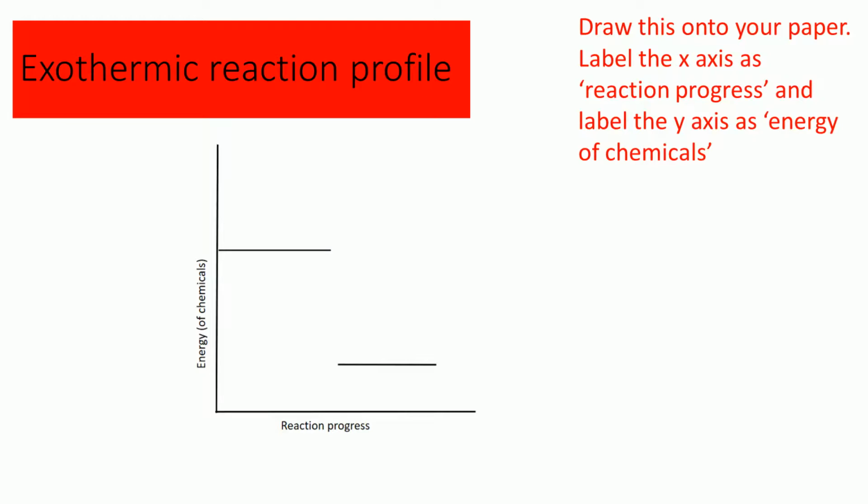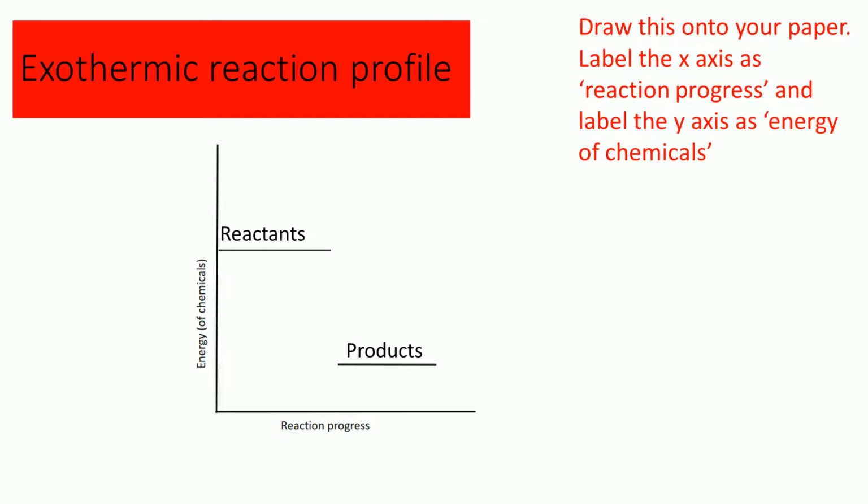And at the side on the y-axis we've got the energy of our chemicals. Okay. Now for our exothermic reactions, our reactants start off at a higher energy than our products. Because energy is exiting the reaction, the products are going to have less energy than our reactants.